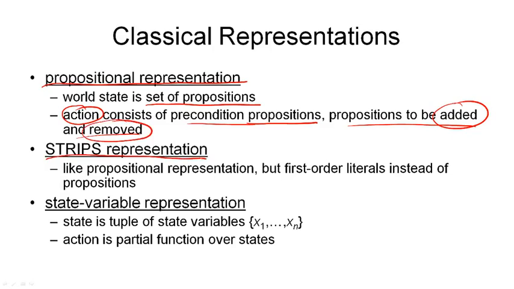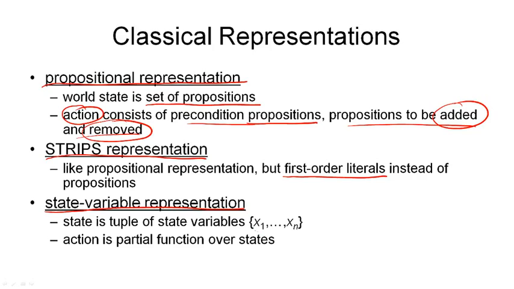The STRIPS representation then is simply the same, but instead of propositions, we're dealing with first-order literals in most cases. Specifically, this means the preconditions of an operator can be positive or negative. The final variant is the state variable representation, where a state consists of a set of state variables.